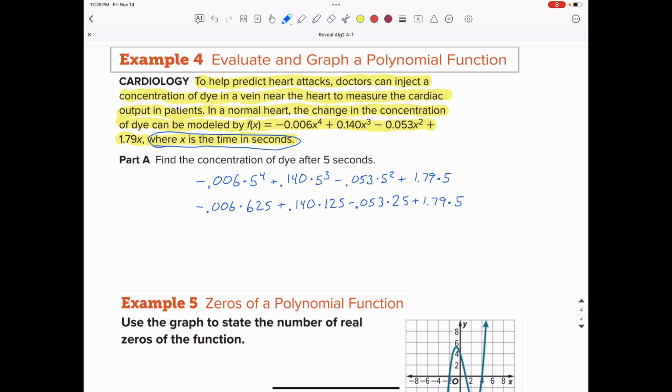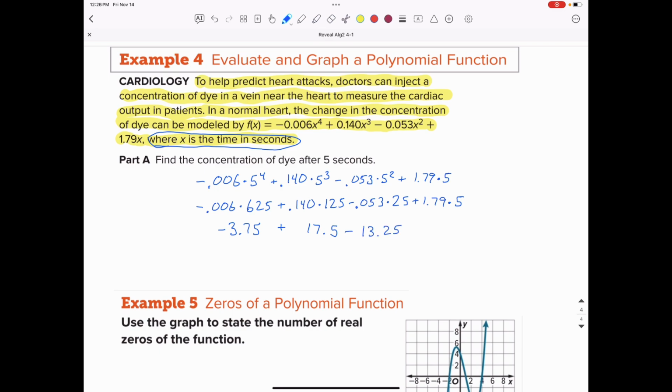So the first thing is going to be 625 times negative 0.006, and that's going to be negative 3.75. And then we will add to that 125 times 0.140, and that's going to be 17.5. And then we will take 0.053 times the 25, and that is going to be negative 1.325.